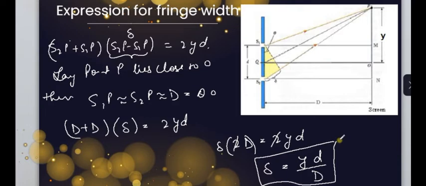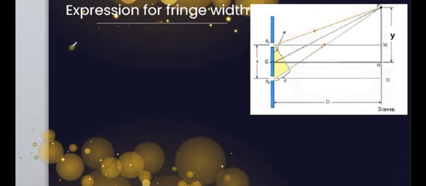Now we will apply certain conditions on this path difference and hence we will obtain our result. We have obtained delta to be yd by D. Now we have two kinds of interference here.